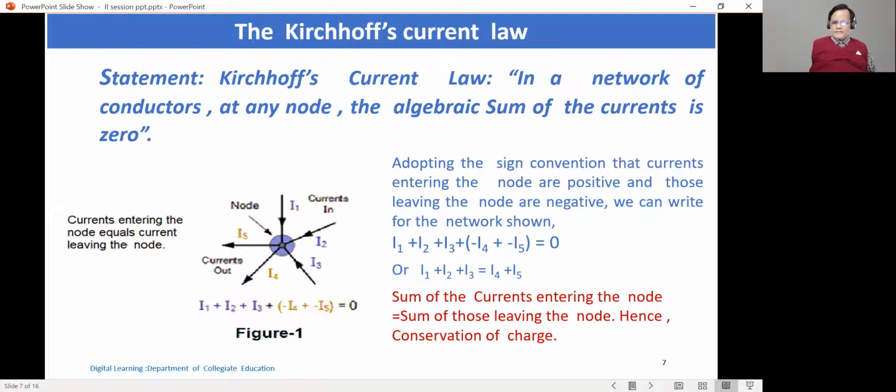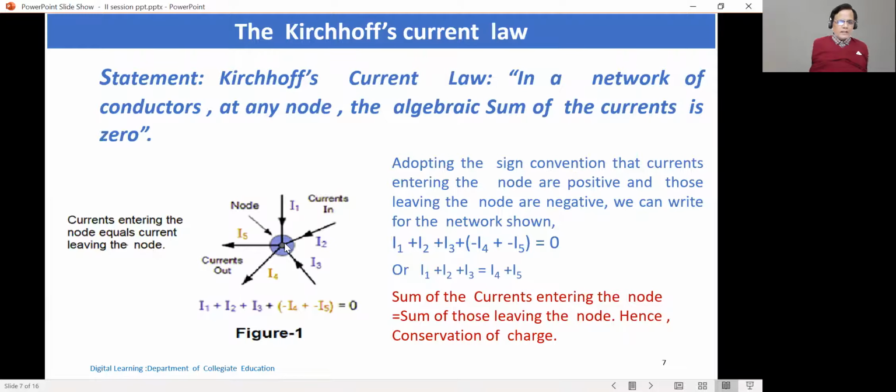So if we concentrate on the node, there will be some currents coming into the node, there will be some currents going out. Therefore, if we adopt the convention that currents coming into the node are positive and currents going out of the node are negative, then we can write for the network of conductors that I have taken, I1 flows in, I2 flows in, I3 flows in, all are taken with a positive sign.